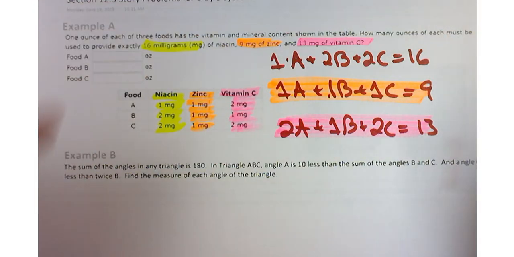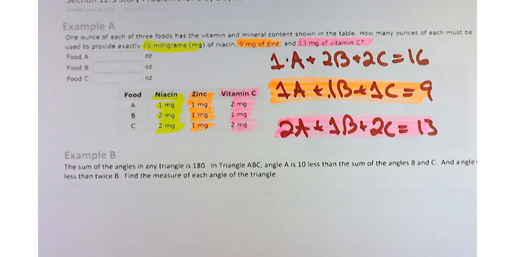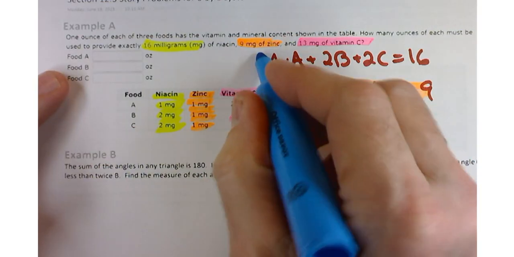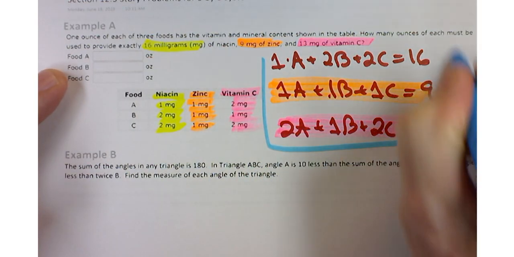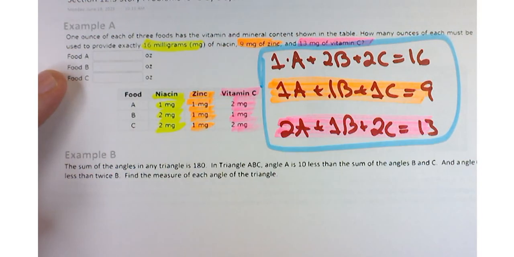But are we okay with the setup here? What I'm looking for right now is this system of equations. Isaac? All right? Okay.